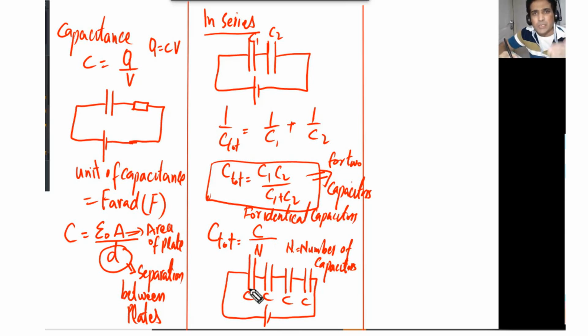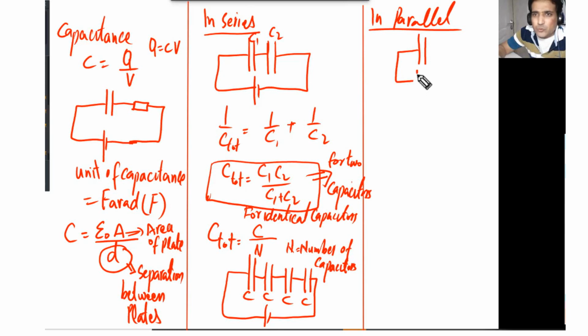Okay, so this is how we can find if capacitors are connected in series. On the other hand, we have also discussed in the previous class if capacitors are connected in parallel. So we discussed a little bit in previous class. So let me explain a little more about this.